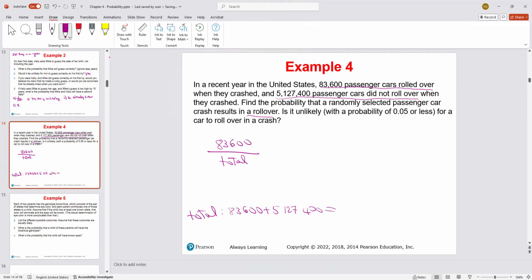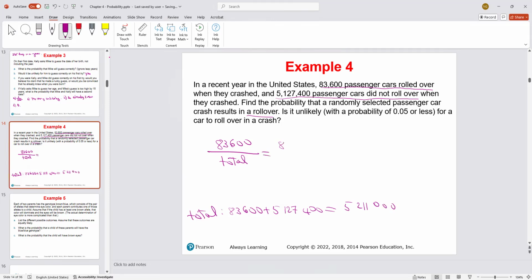Let's pick up a calculator: 83,600 plus 5,127,400 gives us 5 million, 211 thousand.